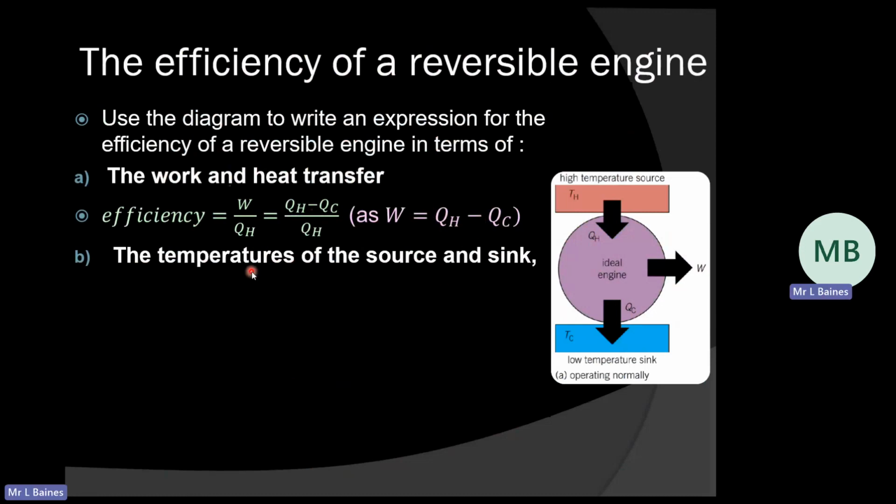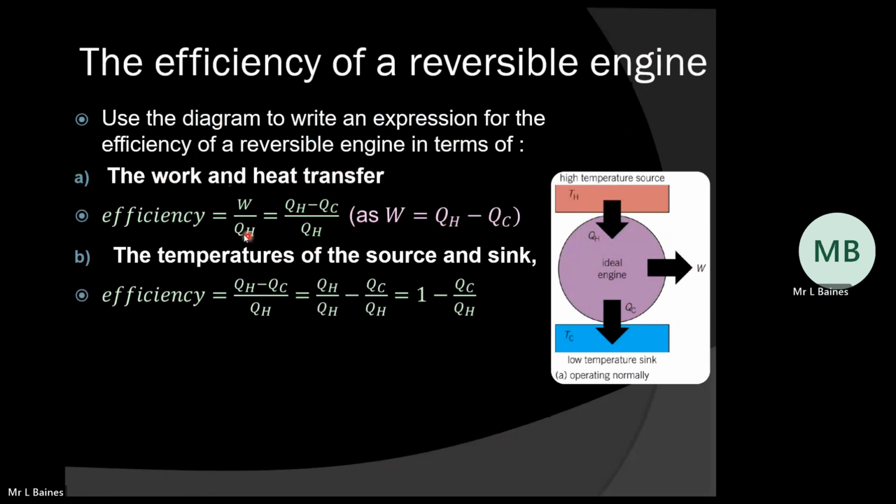If I look at this in terms of efficiency, this is a really useful formula. If I look at this in terms of temperatures, I know that my efficiency is QH minus QC over QH. Or I can separate that fraction out, and I can say QH over QH minus QC over QH, and obviously QH over QH is 1.